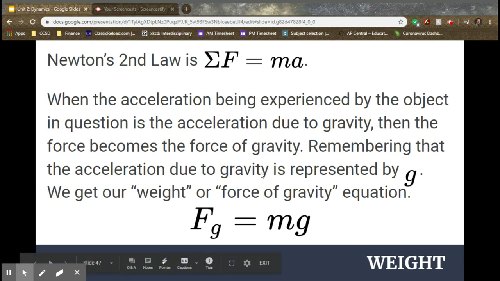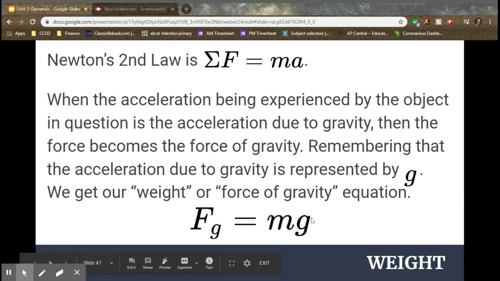Something to keep in mind is that when an object is only being accelerated because of the force of gravity, so if the force of gravity is the only thing causing the acceleration of the object, then instead of just having a general acceleration, we will call that the acceleration due to gravity.